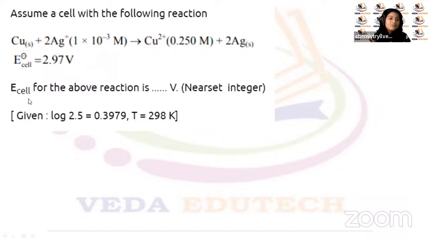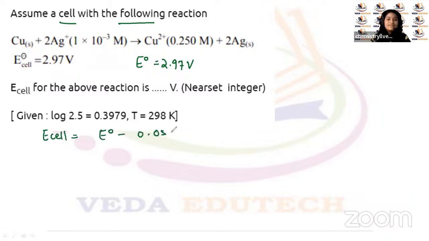Okay, children, let us see what has been given here. Assume a cell reaction with the following cell equation has been given, and the value of E naught is also given to you as 2.97 volt. E cell is being asked, very easy. So E cell will be E naught minus 0.059.